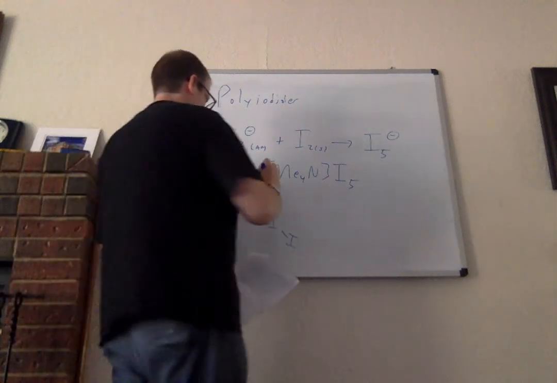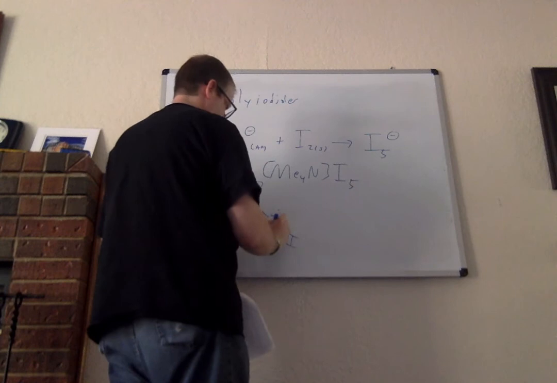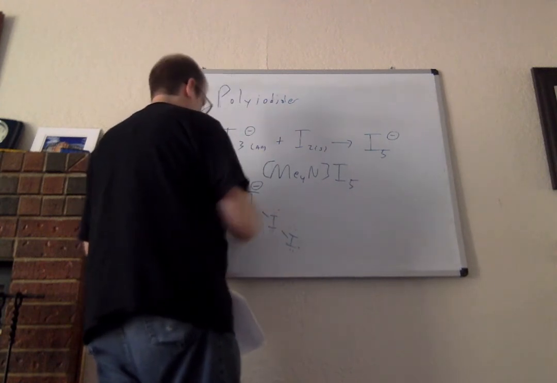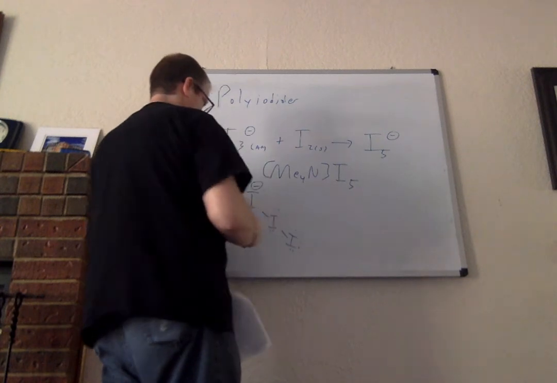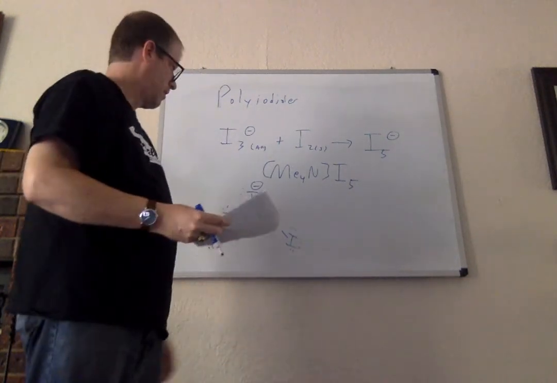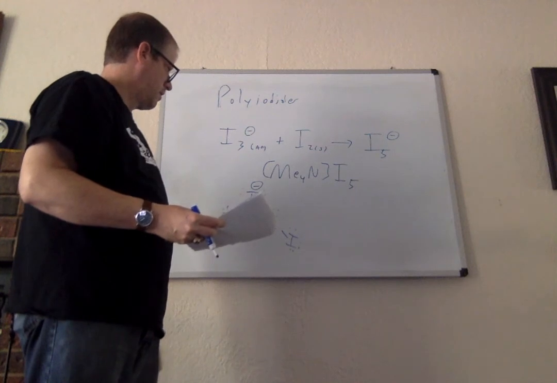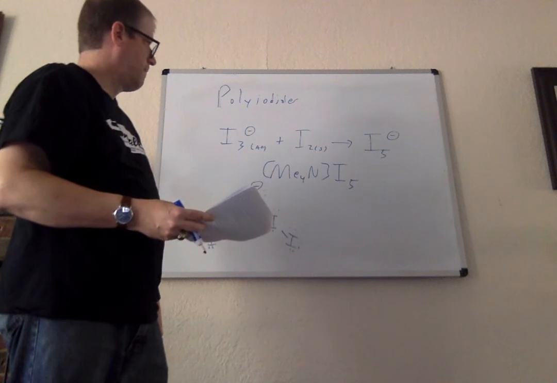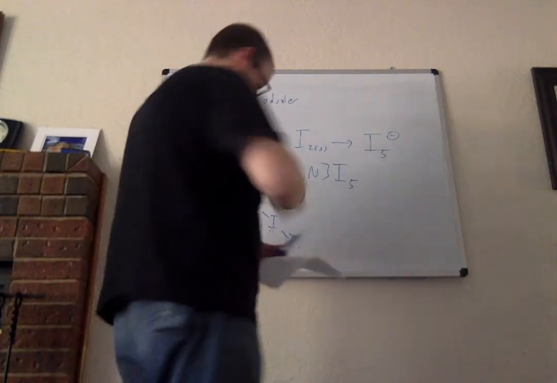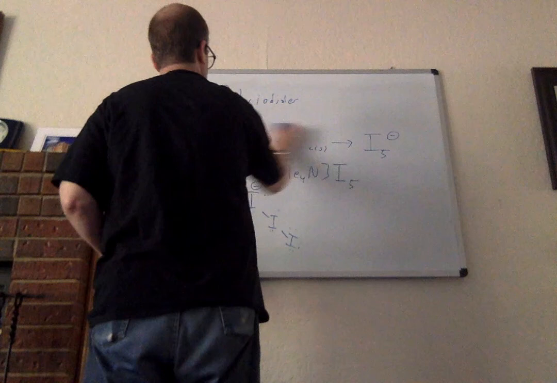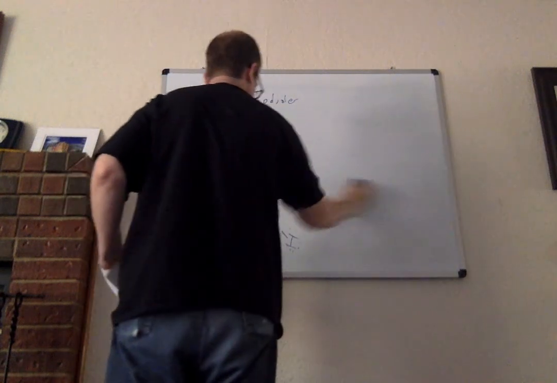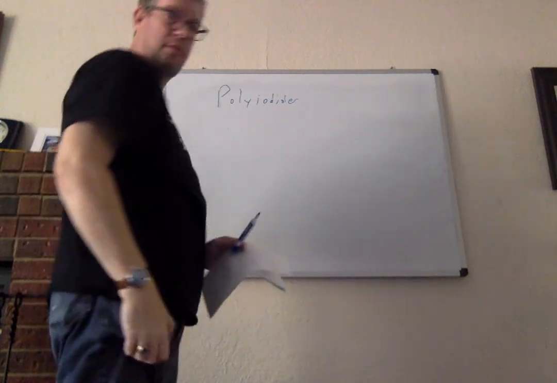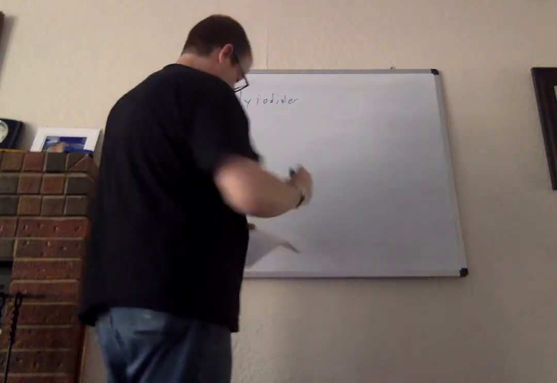And again, the negative charge resides right there. And then finally, you can do this one more time, but you need an even larger cation.